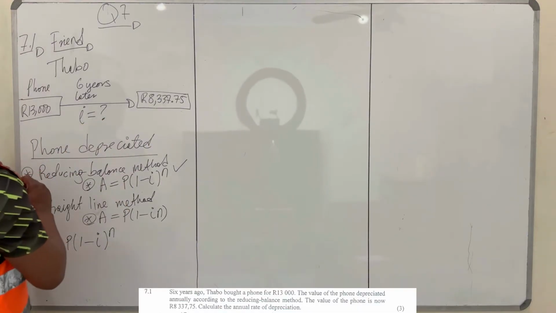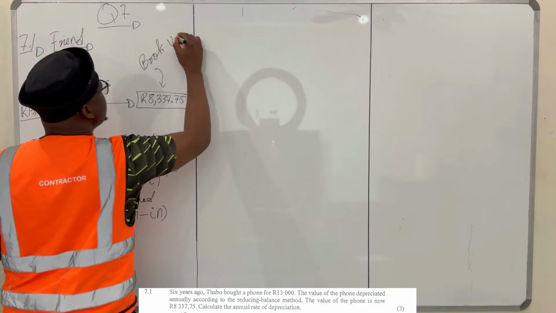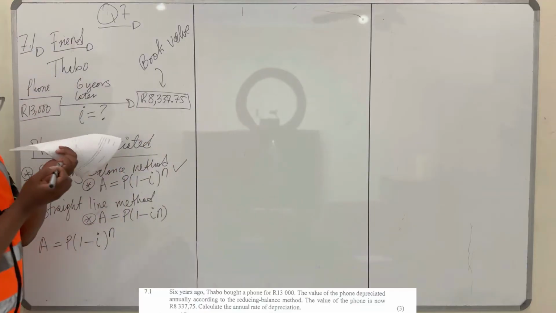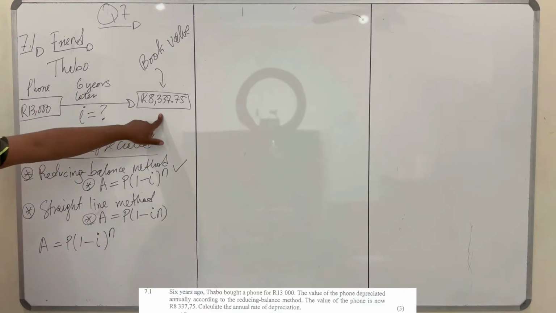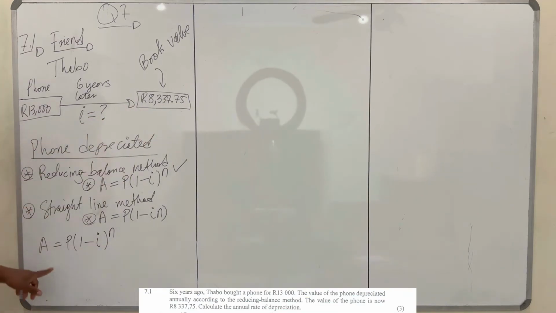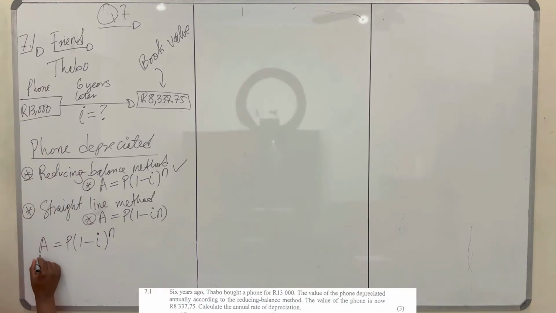This amount here is called what? The book value. This is the book value of an asset. It's the value of an asset after it has depreciated. It was initially 13,000 and today is 8,000. So it has depreciated. So that is the book value of it. So in this case, we say A is the book value.